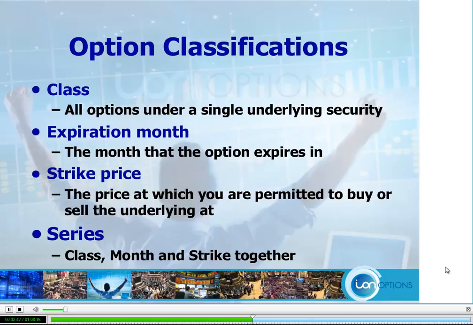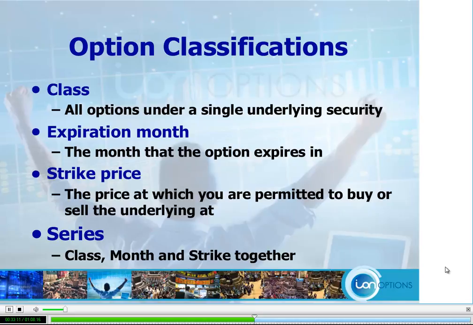IBM, June, 140, call. There you've got the class, IBM, the month, June, and 140, the strike, all together. That is called the option series. The IBM June 140 calls, that's the option series.